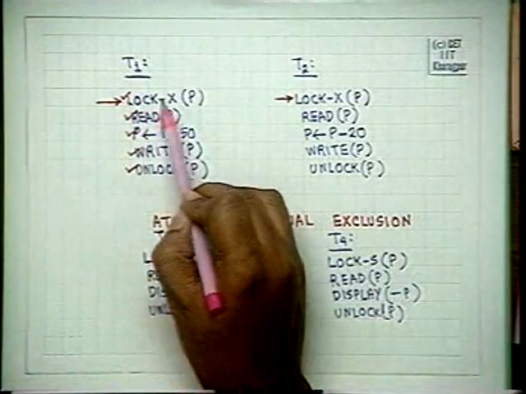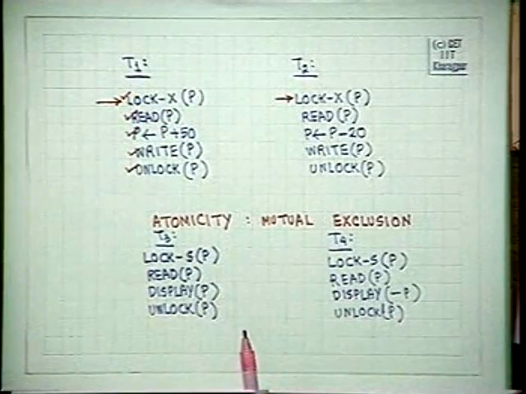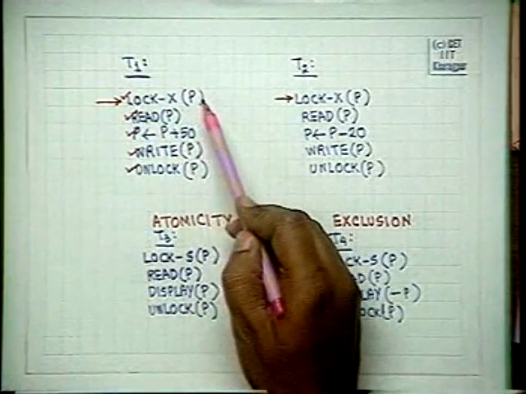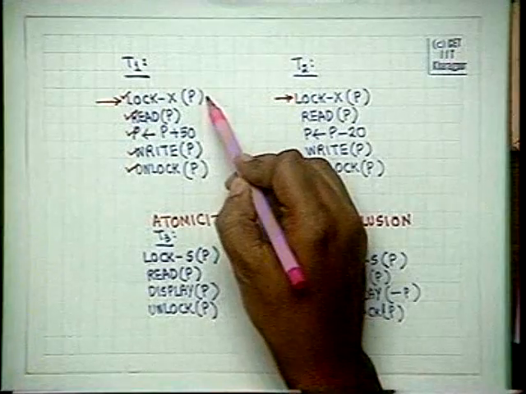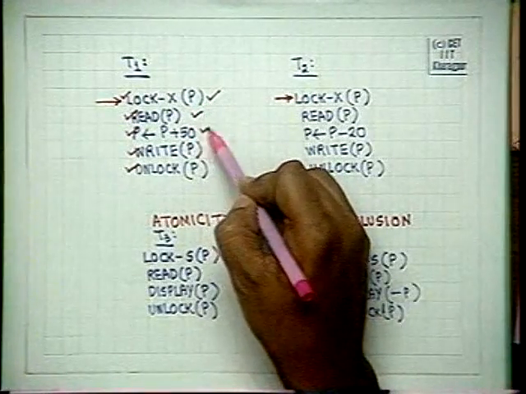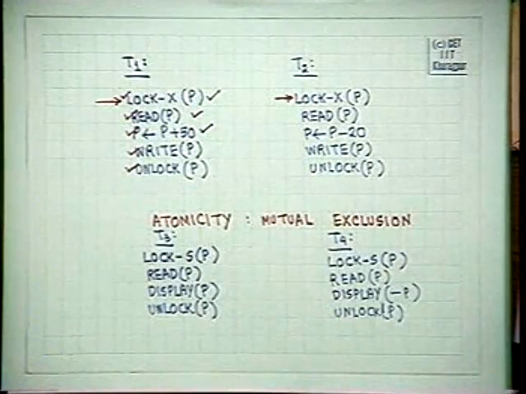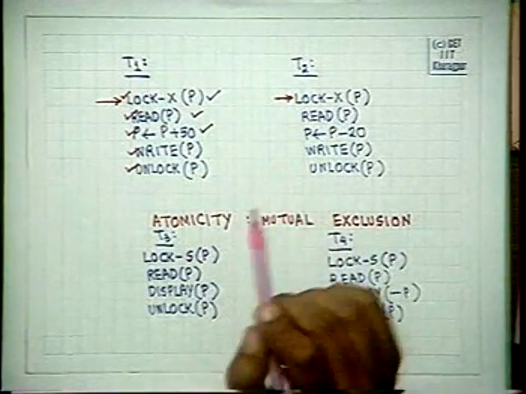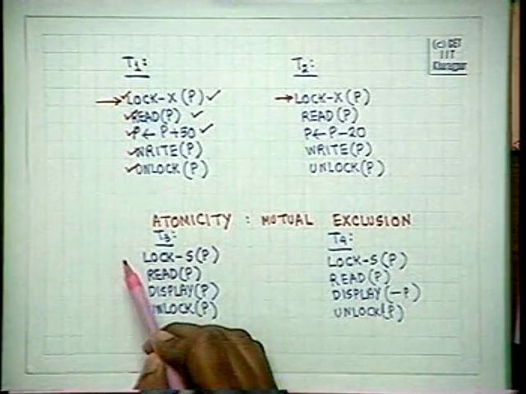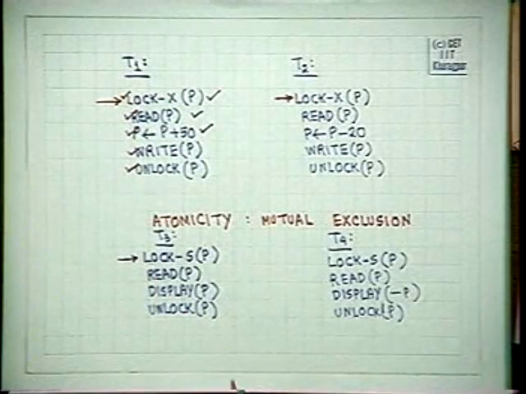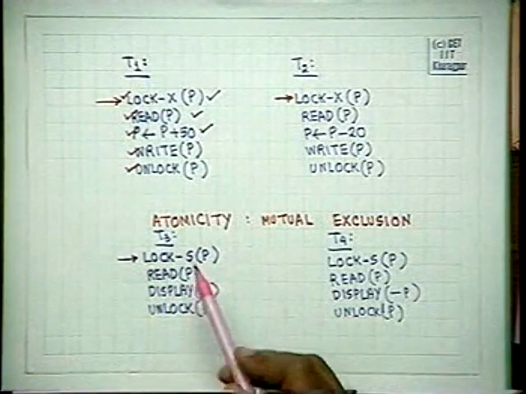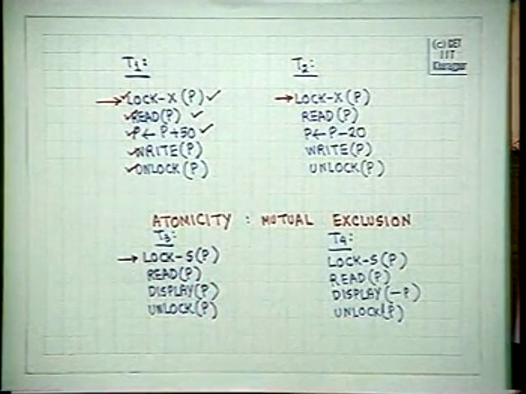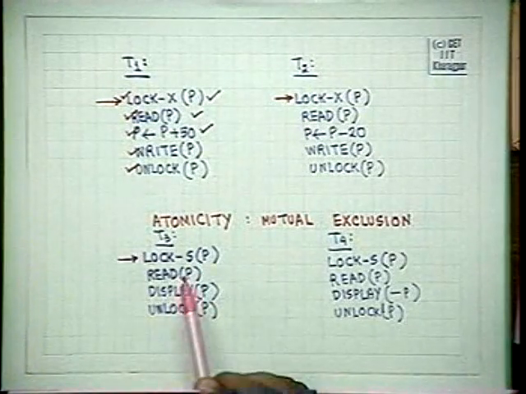Suppose in the first instance this transaction T1 executes and acquires a lock on P, executes this, and its time slot is over. Suppose the next time slot goes to T3 and it executes lock SP. Will this transaction be allowed to enter and read it?